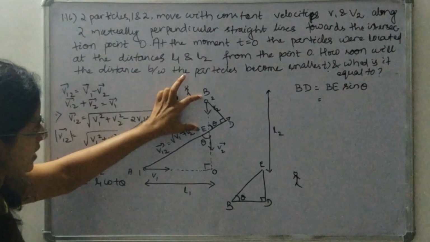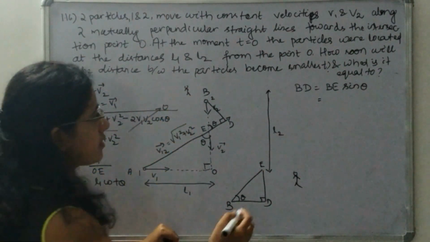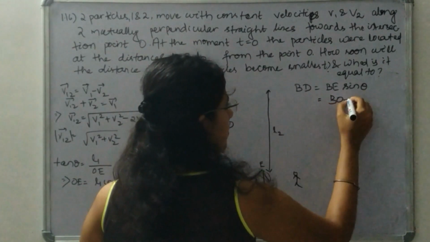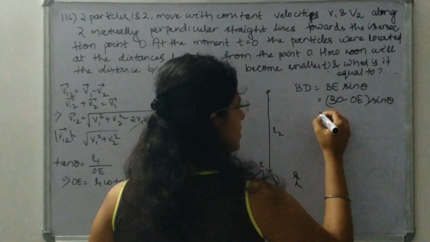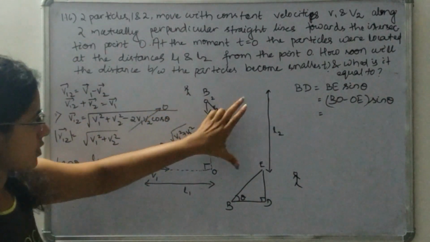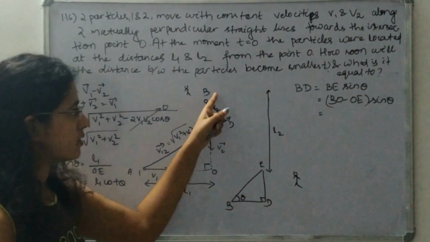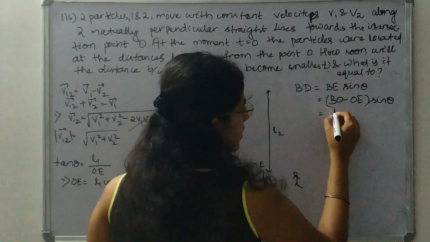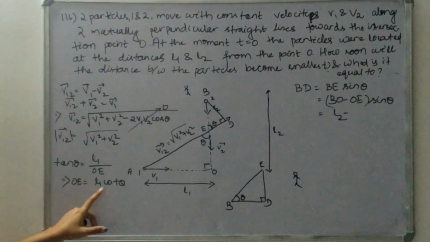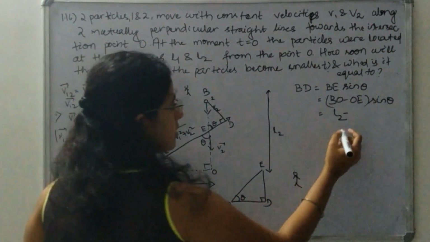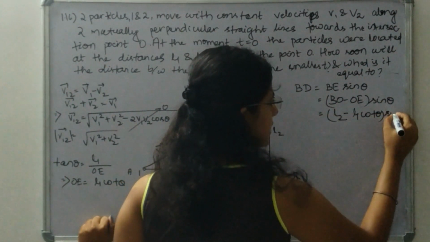This BE distance is the total distance BO minus OE, whole into sin theta. So BO is how much? The total length, that is L2, the initial distance between this intersection point and particle 2. L2 minus OE is L2 minus L1 cot theta, into sin theta.